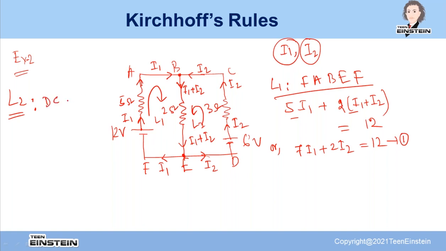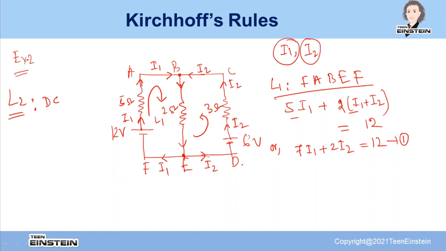Anyway, I understand that in the BE branch there will be current I1 plus I2. So suppose I am going this way: D to C, and then C to B, then B to E, and then come back to D.